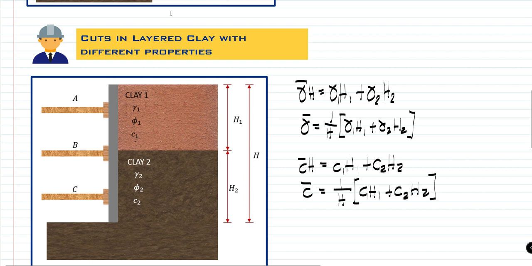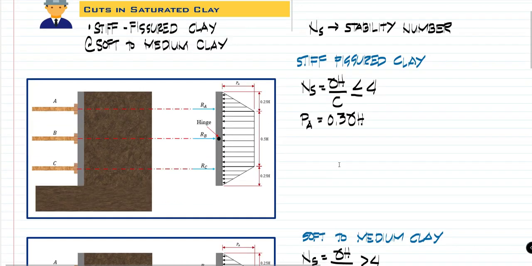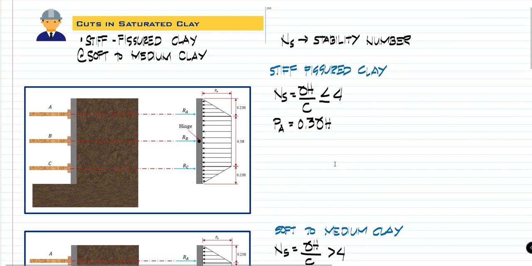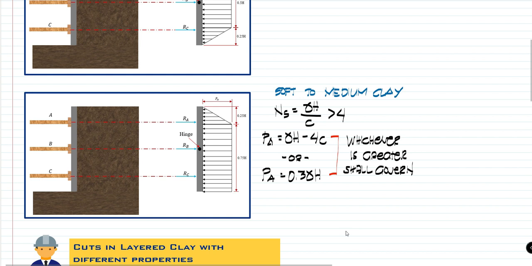After getting these two, modified unit weight and modified cohesion, you can now proceed in getting the stability number. So, gagamitin na natin yung procedure for the cuts in saturated clays. So, you will get the stability number. Titignan mo kung papasok siya dun sa stiff fissured clay, which is ang stability number is lesser than or equal to 4, or kung papasok siya dun sa soft to medium clay, which is ang stability number is greater than the value 4.